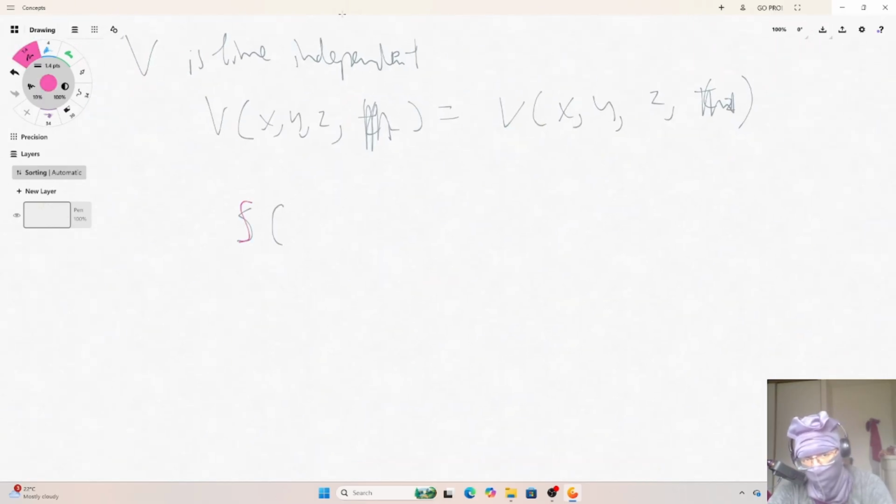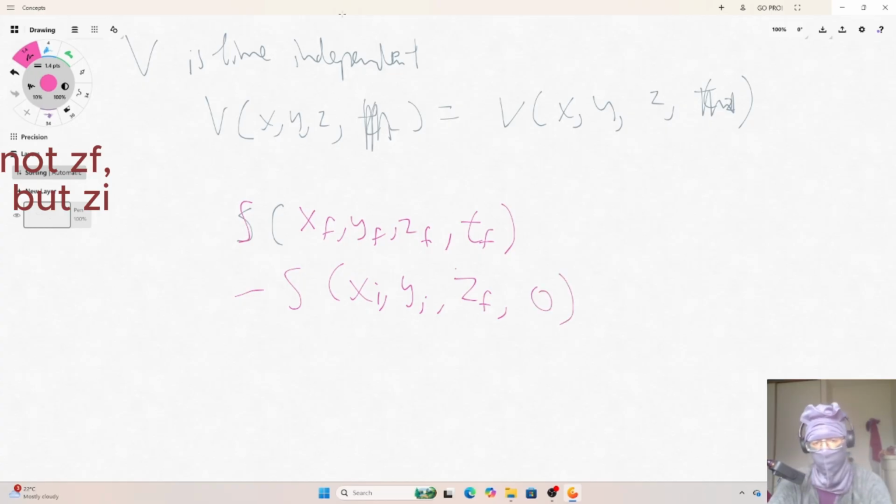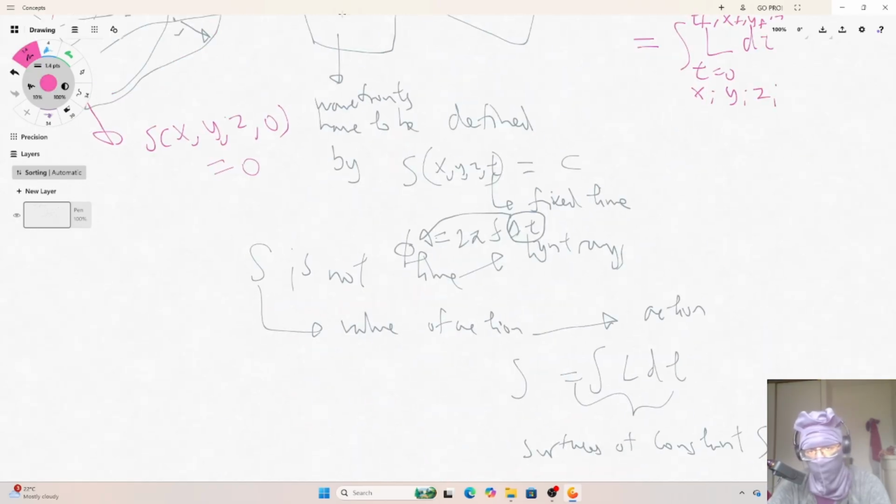So we want to define the action such that if you took one of the paths at the final time and you subtracted the value of that function by an initial point, so we define XF, YF, ZF, and XI, YI, ZI as we did here.